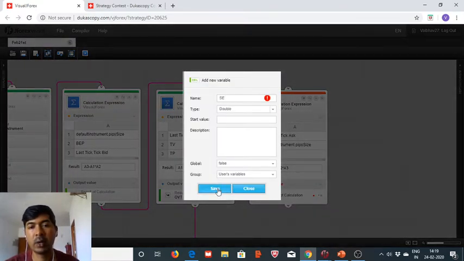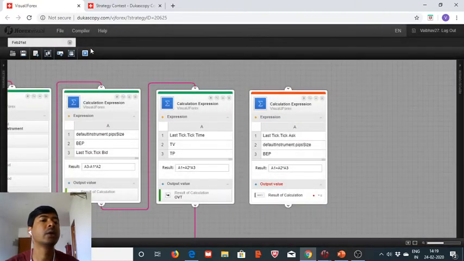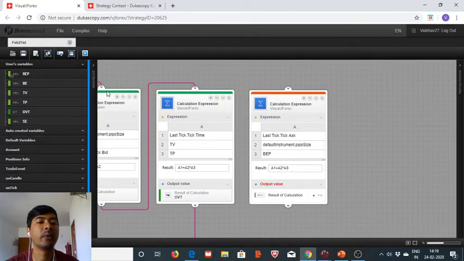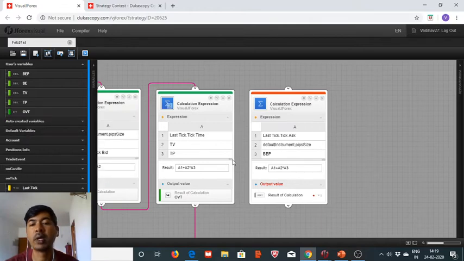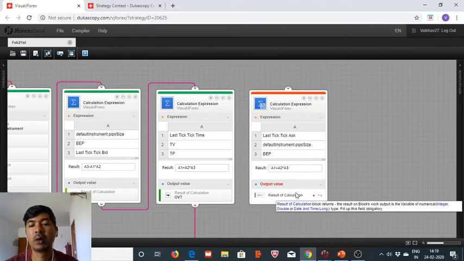So here we are. I think something is wrong. The variable exists. Let me see what's gone wrong. Let me delete this variable and then we will make it afresh. So here we are.